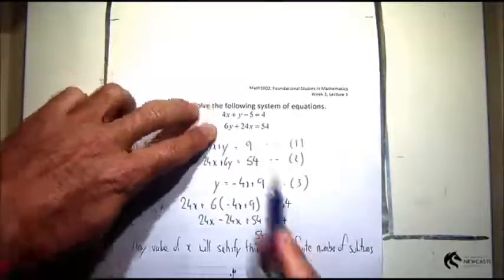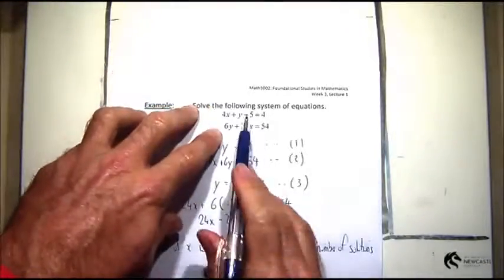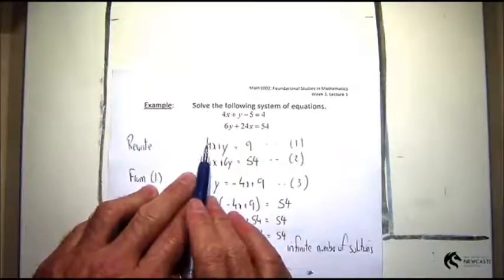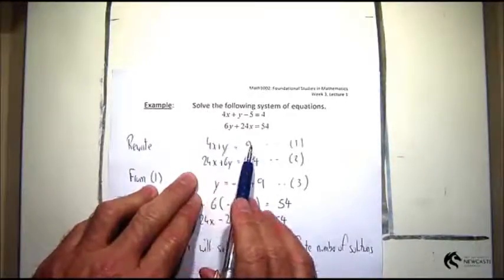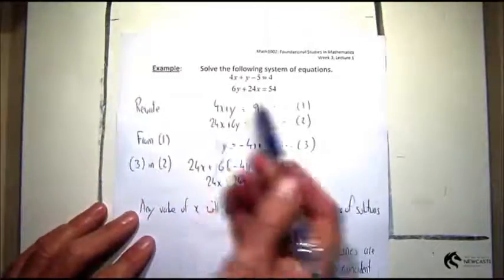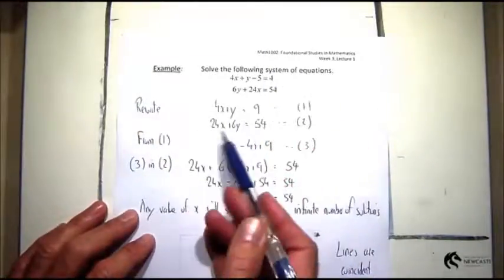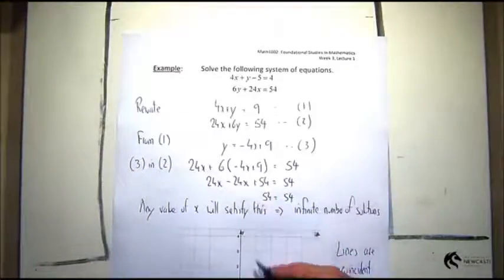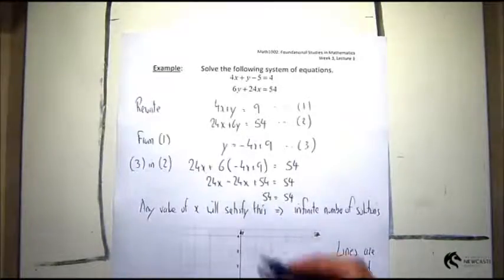And of course, if you look at this, if I multiply that first equation by 6, I get 24x plus 6y is equal to 54. You can see they're the same equations. Okay? And so the set of x and y values that satisfy that, of course, are all the values that satisfy 4x plus y is equal to 9, or 24x plus 6y is equal to 54. And so that equation passes through 2, 1, it's way up here.